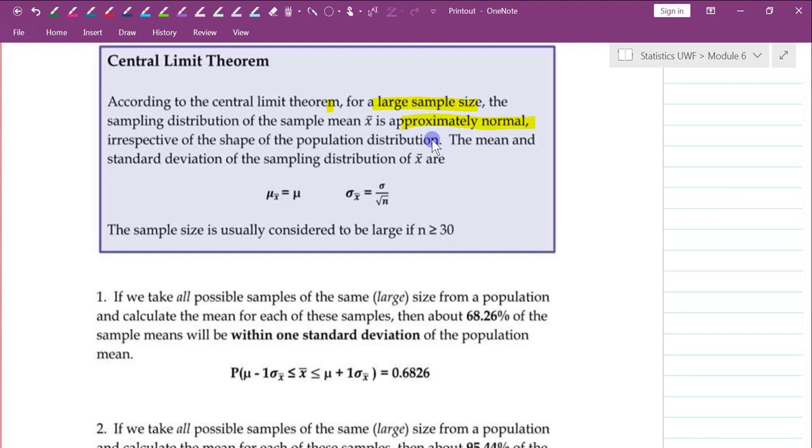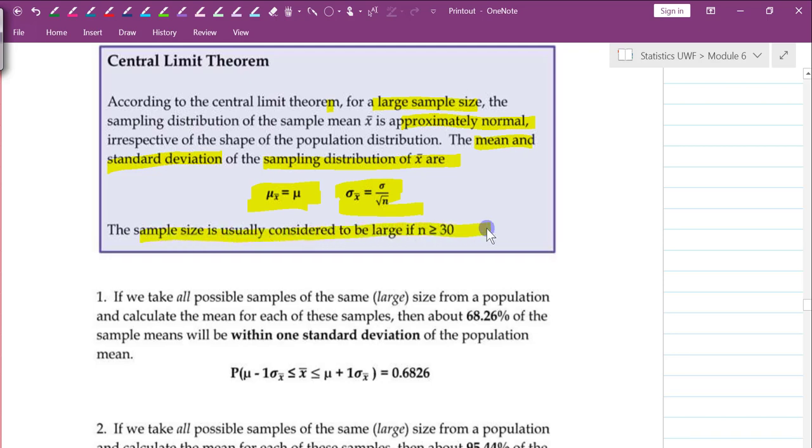The mean and the standard deviation of the sampling distribution are, again, mu sub x bar is equal to mu, and then sigma sub x bar is equal to sigma divided by the square root of n. The sample size is usually considered to be large if n is greater than or equal to 30. That is a general rule.